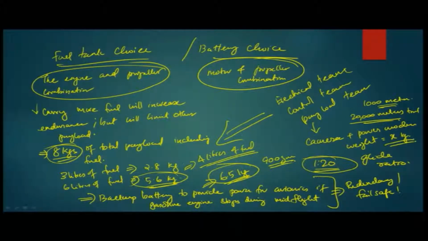The control team said avionics weight equals y kilograms, and the electrical team said wiring plus other stuff weight equals z kilograms.